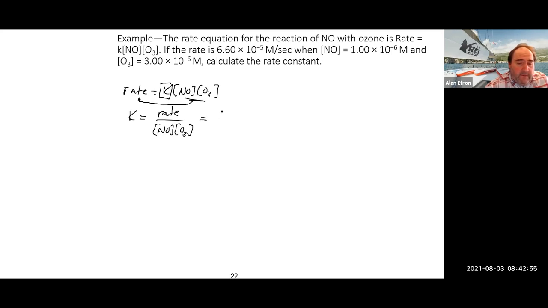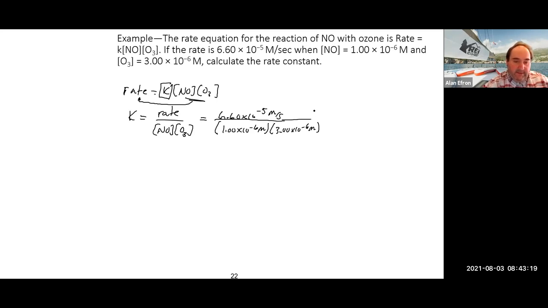So the rate would be 6.6 times 10 to the minus 5 molar per second, divided by our NO concentration, which was 1.0 times 10 to the minus 6, and 3.0 times 10 to the minus 6 for our other reactant.